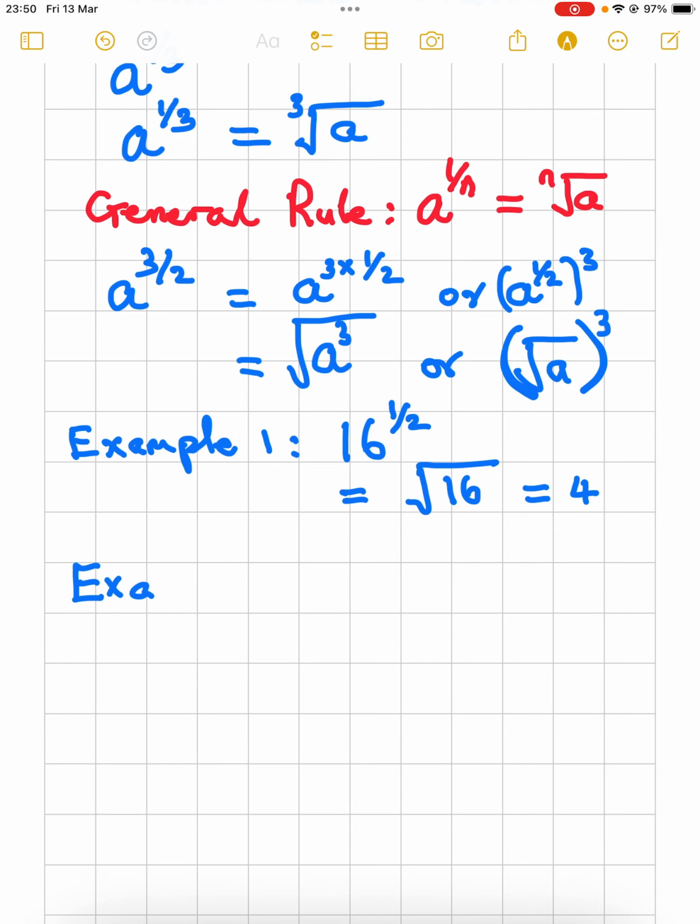Example 2. 27 raised to power 1 over 3 means the cube root of 27, which is 3.